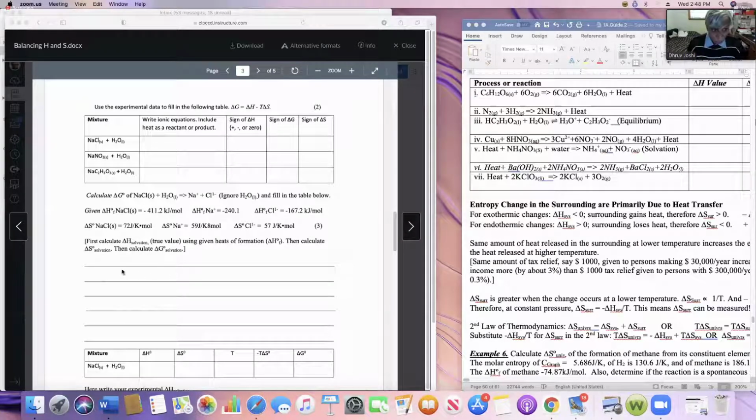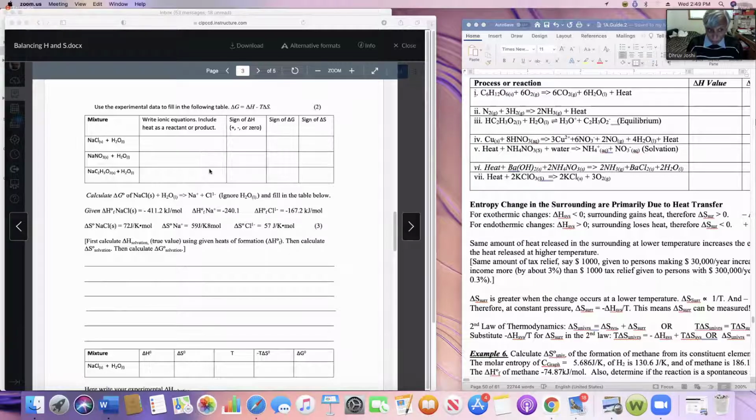Okay, everybody, what is given here? Heat of formation of NaCl solid is given here. Heat of formation of sodium ion is given here. Heat of formation of chloride ion is given here. This is the reaction. Ignore H2O liquid because it's on both sides of the reaction, really. We know that. So H2O liquid is to be ignored.